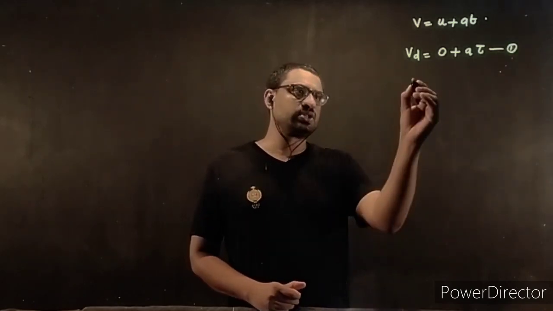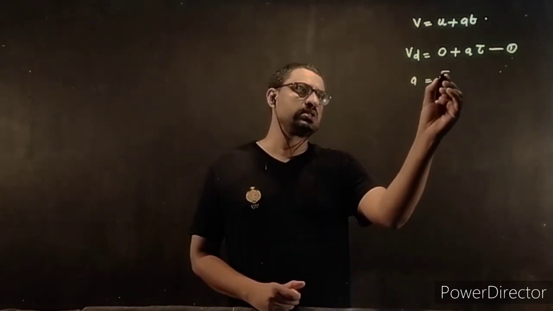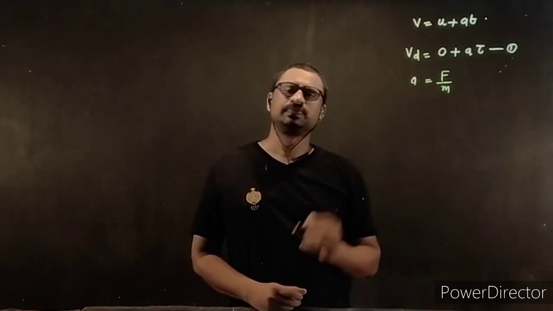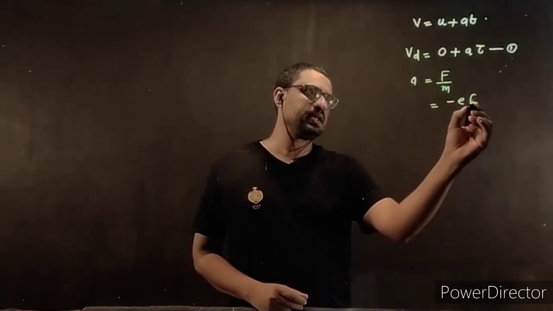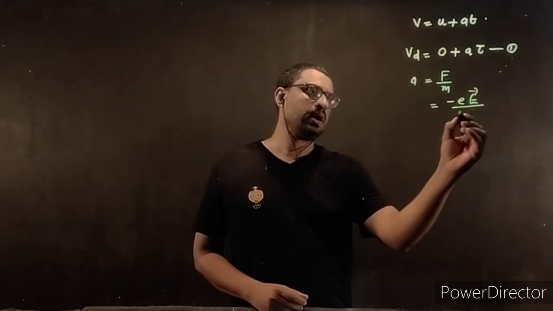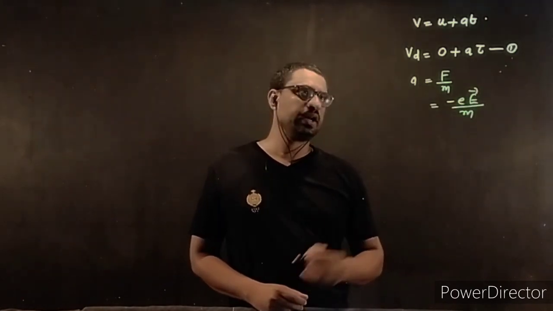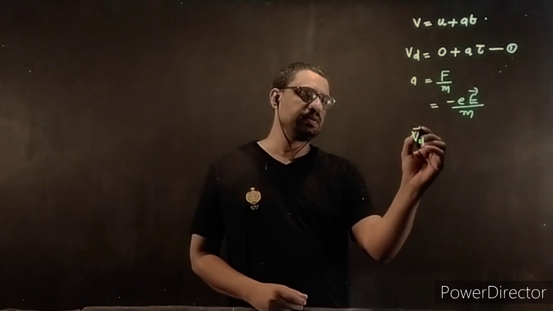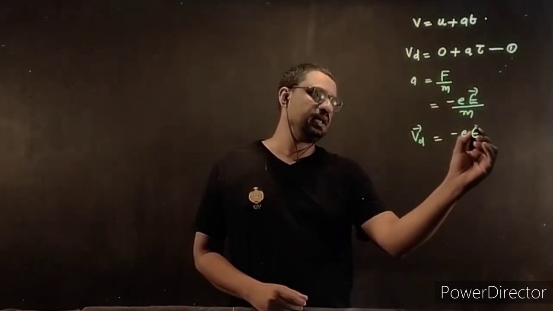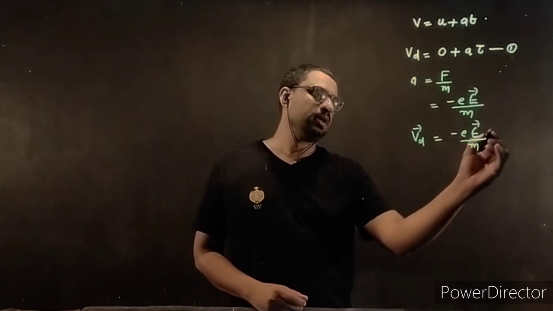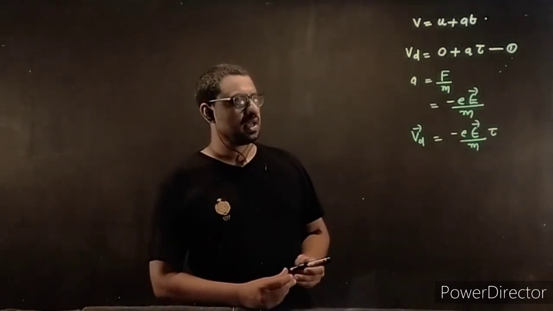Now what actually is acceleration? Acceleration, you know, is force by mass. And the force the electron is experiencing is minus eE by m. So the drift velocity will be, with a as minus eE by m, into tau.